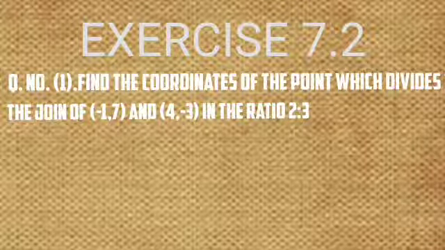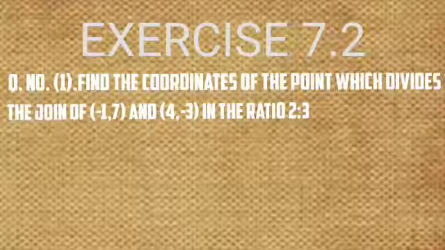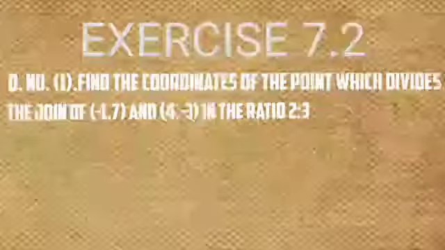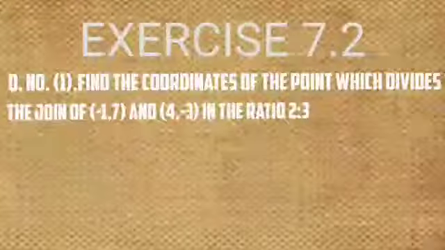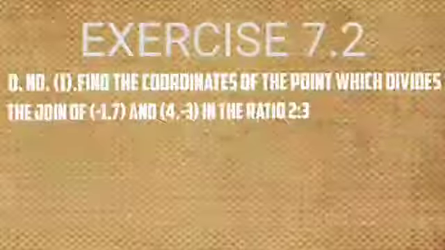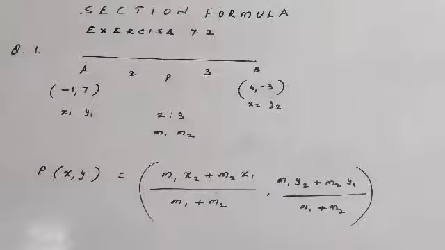Exercise 7.2, question number 1. Find the coordinates of the point which divides the join of (-1, 7) and (4, -3) in the ratio 2:3.